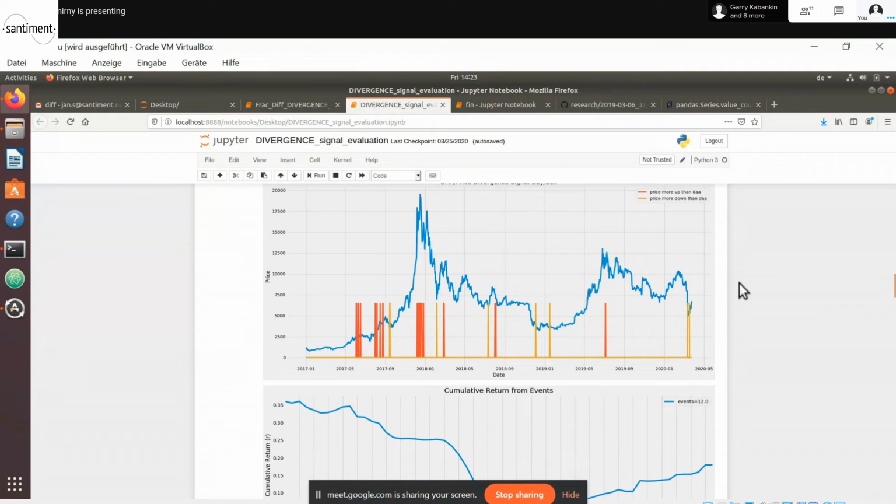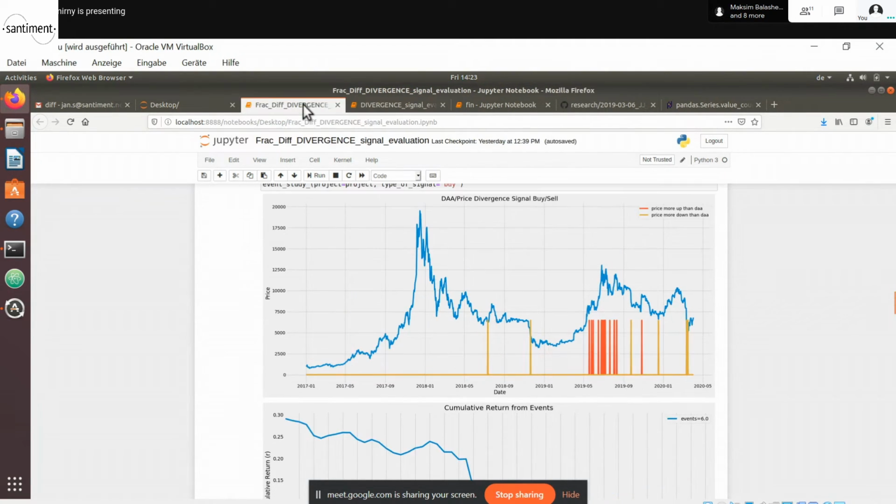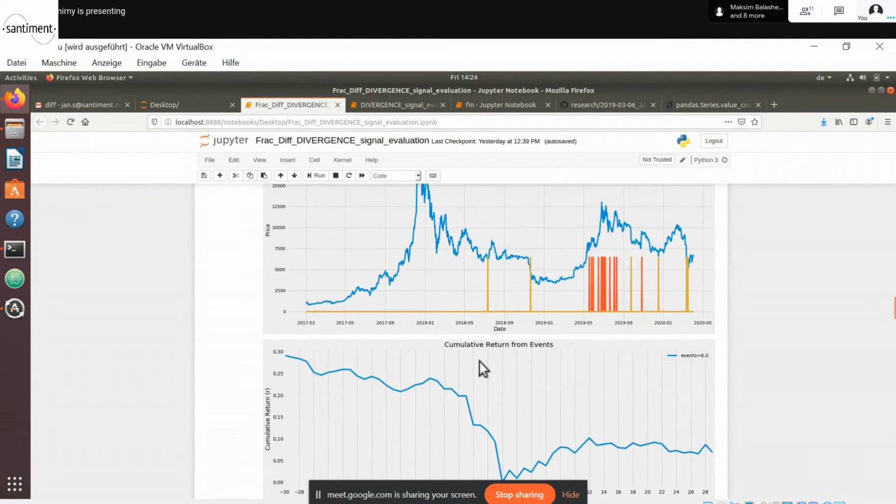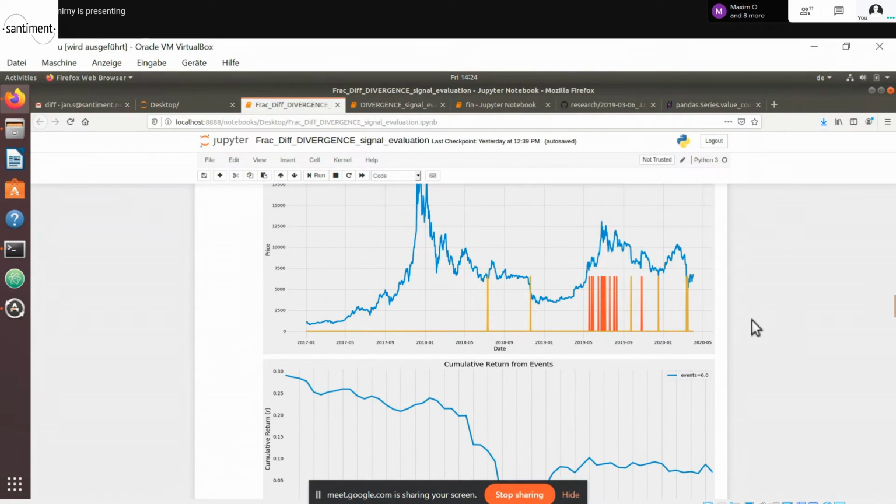You can, of course, do more events, but then the question is, are these still good if you constantly fire? Does it work for lower frequencies and so on? You're right. I should definitely try that, especially with the event study, which is basically designed to try it with more events.